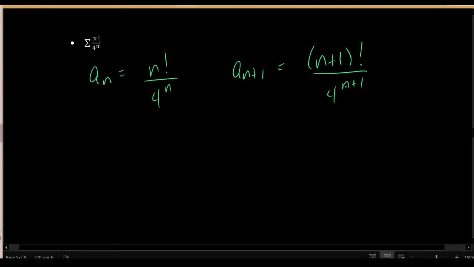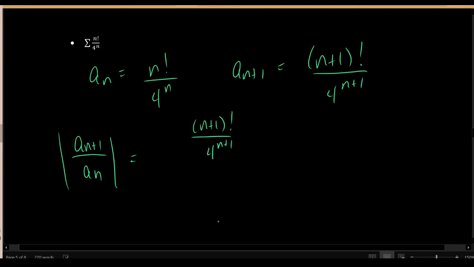Now let's see what happens if we take the ratio of the next term to the current term. Then that's going to be equal to, in the numerator, n plus 1 factorial over 4 to the n plus 1, and divide that by n factorial over 4 to the nth power.